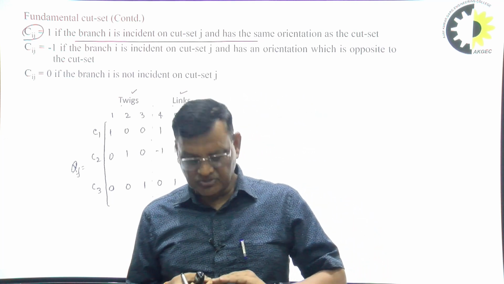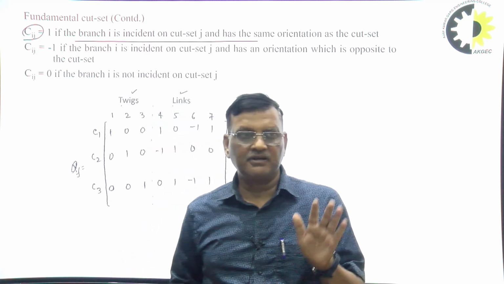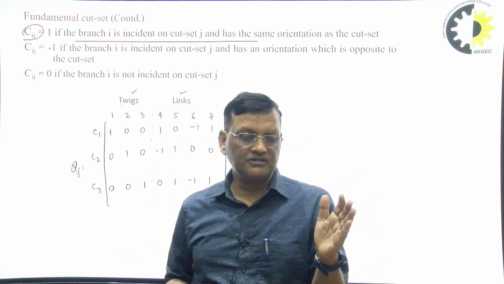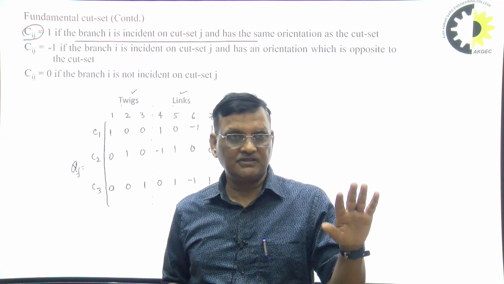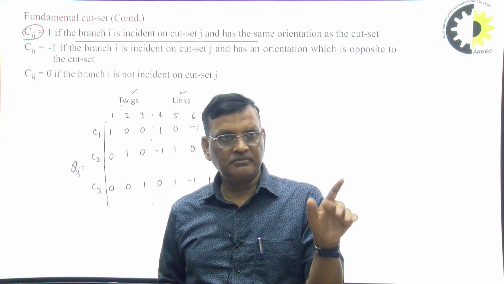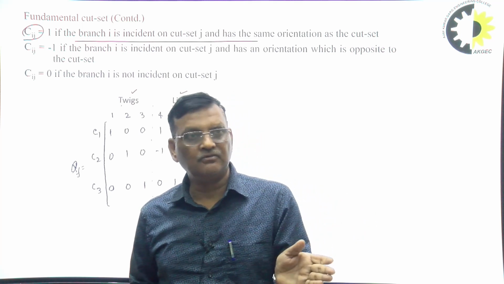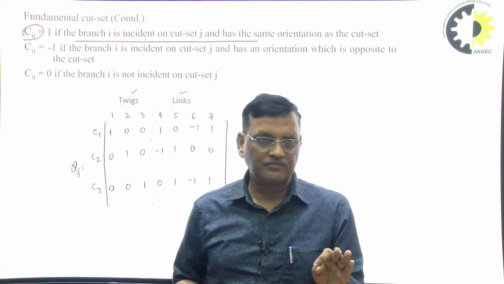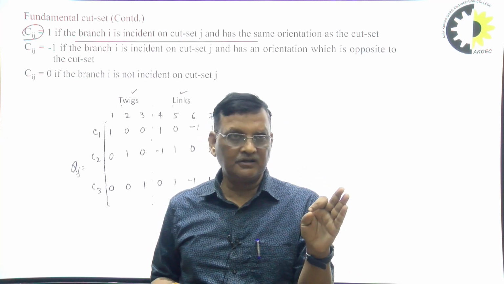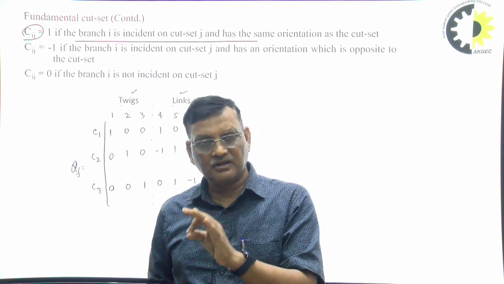So the procedure to obtain these matrices: the first step is that the network is given. If the network is oriented, good. If it is not, then orient the given network. Then from the oriented network, draw the oriented graph.